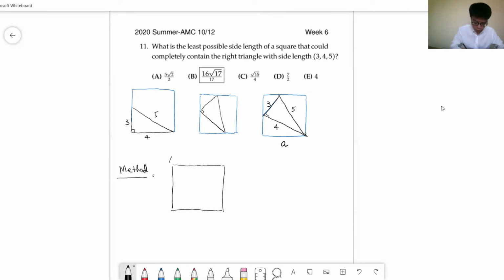So I will mark A, B, C, D, and this triangle is three, four, maybe 5 here.